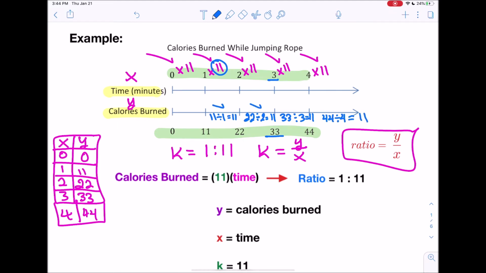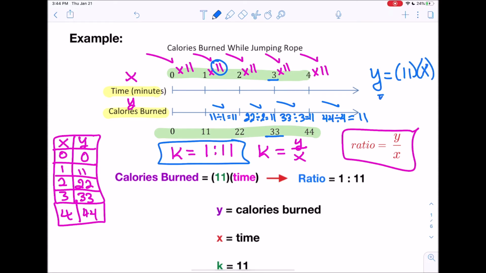So it works, and because it works, we know it's a proportional relationship. We know that our ratio is 1 to 11. No matter what x and y are, anytime you divide y by x, you're always going to get 11. And in the equation version, y equals x times 11, no matter what the x is.